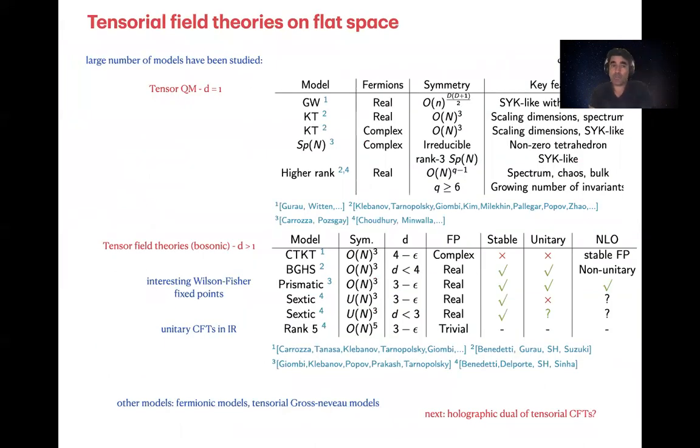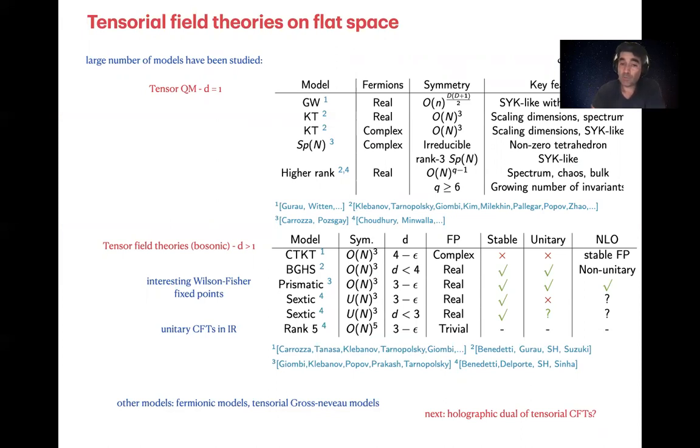A large number of models have been studied, both in the quantum mechanical setting as well as in the proper field theoretic setting. I don't list all the results, but again, the promise of defining unitary conformal field theories seems to be at least partially realized already in the examples that have been considered.